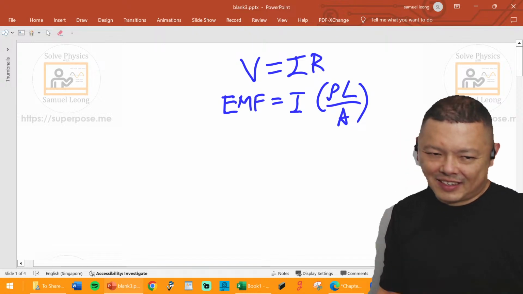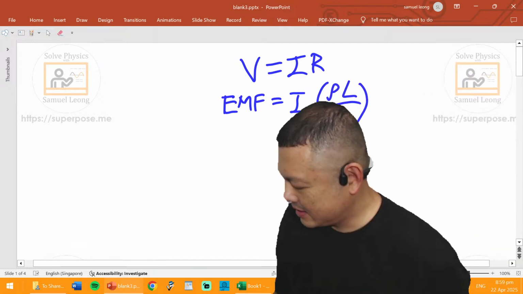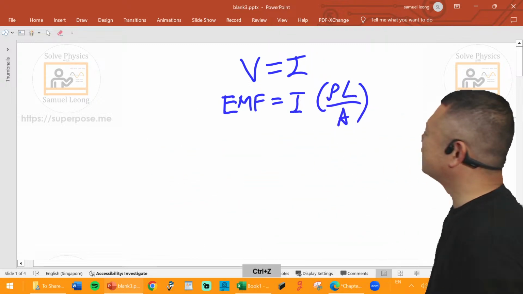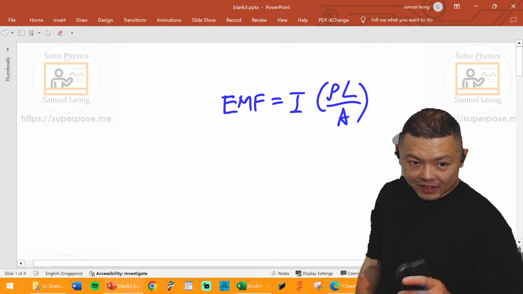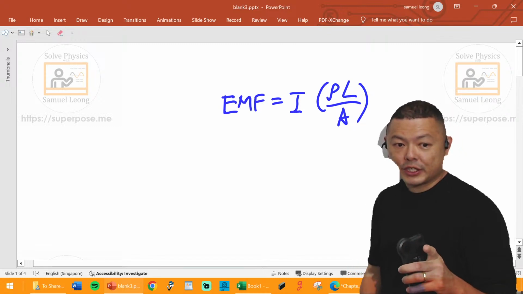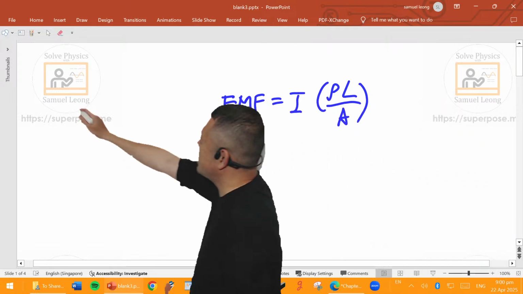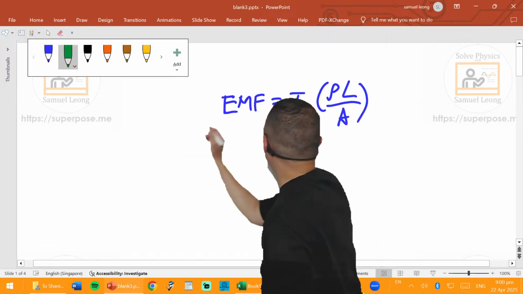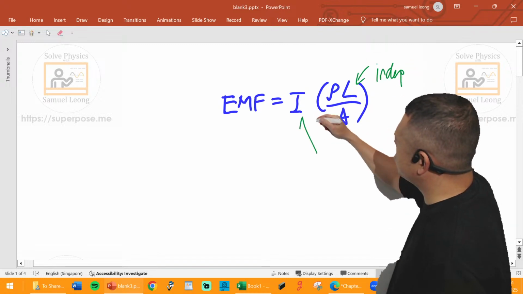You understand that? But we're not here to make fun of the equation. They did say they want you to change L and measure I, correct? So your L is your independent variable, and this one is your dependent variable.